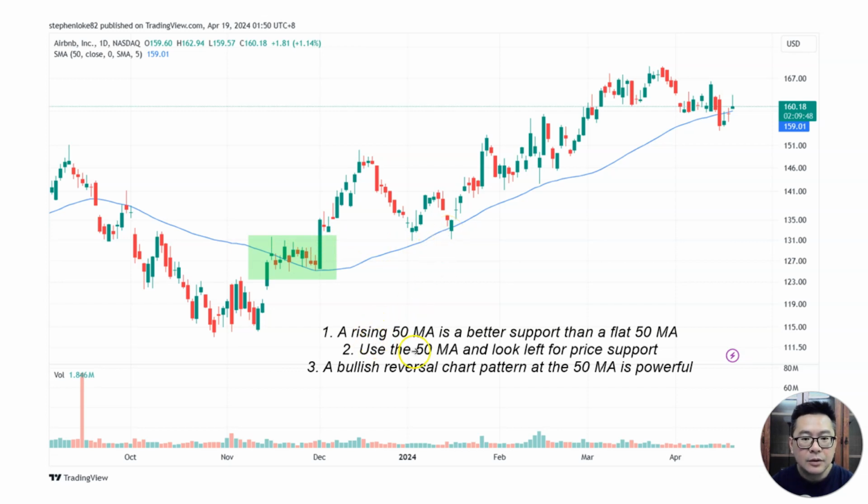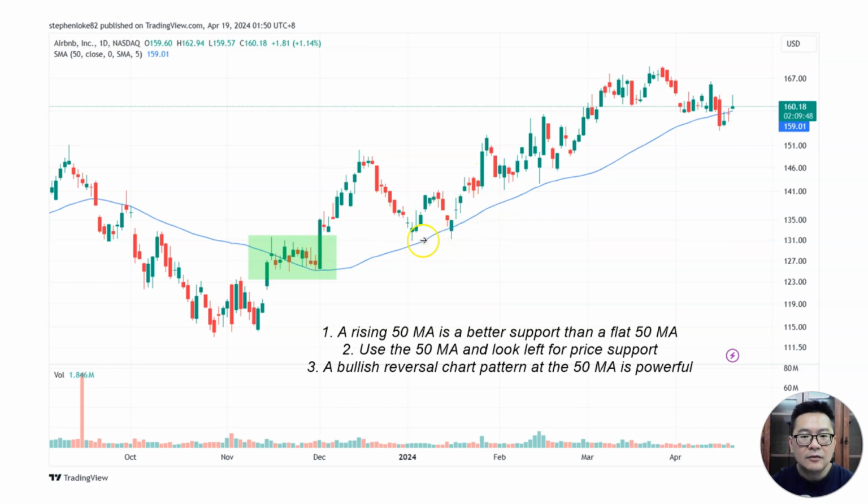Now, number three, a bullish reversal chart pattern at the 50 MA is very powerful. So not only do you want to look at price support, you also want to look at a bullish reversal chart pattern. For example, in the correction here, what can you see? We have a double bottom chart pattern here.